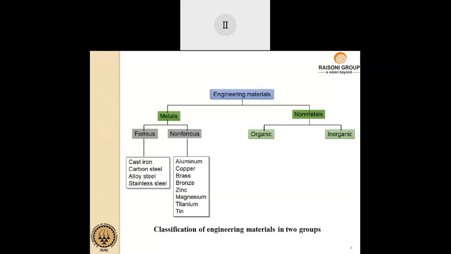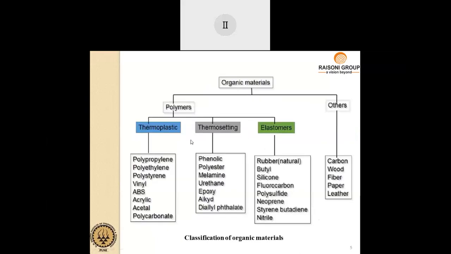Then these organic materials can again be classified in different ways. Here I just show you the things related to your syllabus. Organic materials can be classified as polymers and other types.